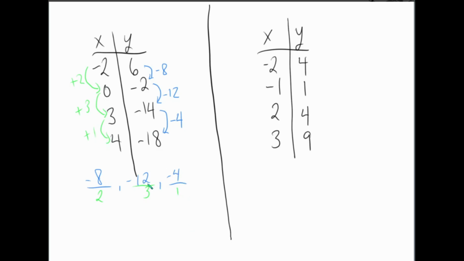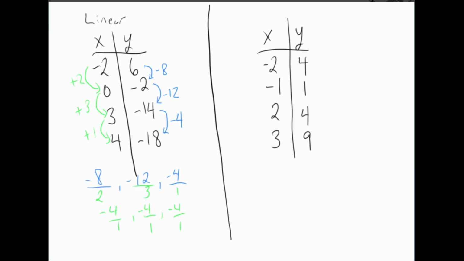Okay, notice how all of these can be simplified, well, except for the negative 4 over 1, but we can simplify negative 8 over 2 to negative 4 over 1, negative 12 over 3 to negative 4 over 1, and we already have this one simplified, negative 4 over 1. So that makes our first example here linear. Okay, so this is going to be a linear function.